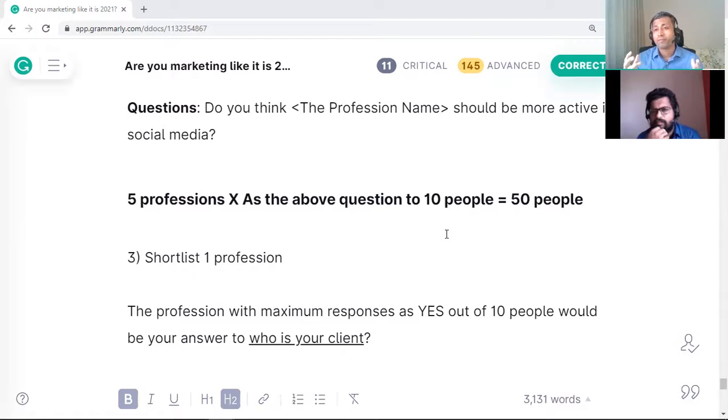For example, just for argument, there is no evidence for it, but say you pick sales professors as your candidate, and they are the big professors working at top colleges of India. And if you tweet, and they happen to have a Twitter account, which most likely they do, they could be a marketing professor or a sales professor or anybody. And if you ask them on Twitter, do you think sales professors or marketing professors should be more active on social media?